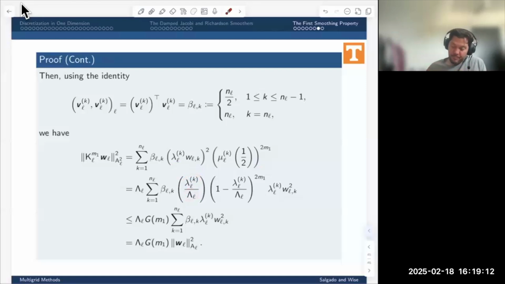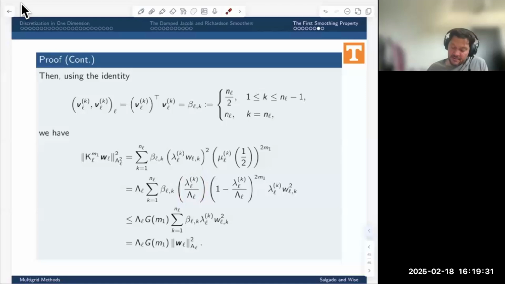Remember these are all positive numbers, and this is the largest of those positive numbers. So all of these numbers here are just fractions, numbers which are less than or equal to 1.